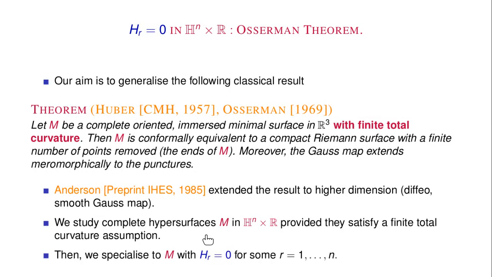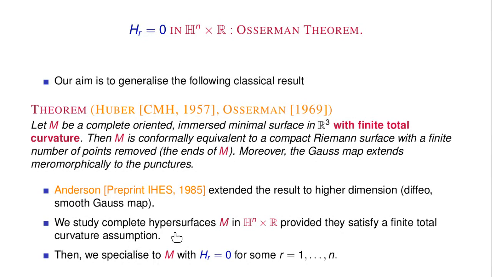We study complete hypersurfaces in HN cross R, first assuming that they satisfy a finite total curvature assumption. So we don't take minimality at the beginning. That was what Huber did, in fact, for minimal surfaces in R3.